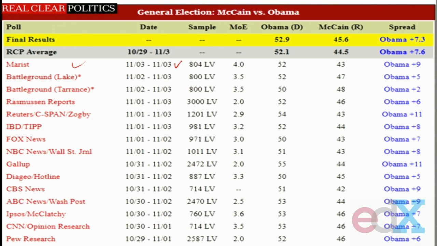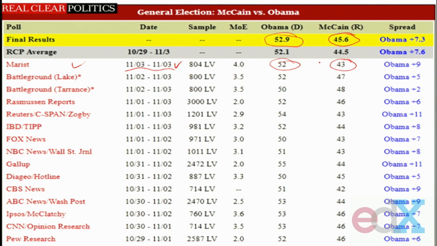And here was the poll done just before that election. The final results had President Obama getting 52.9% of the vote, and this Marist poll predicted that he would get 52%. McCain actually got 45.6%, and they predicted 43%.